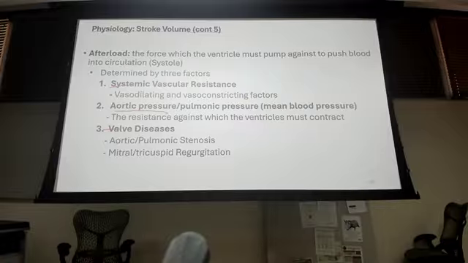It could also be tricuspid and mitral regurgitation, where now the path of least resistance is to go back to the atria as opposed to going out into the pulmonary arteries or to the aorta, depending on which side you're talking about. But those things can play into your afterload or affect your afterload.